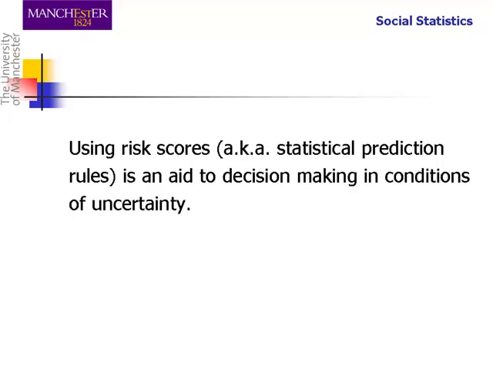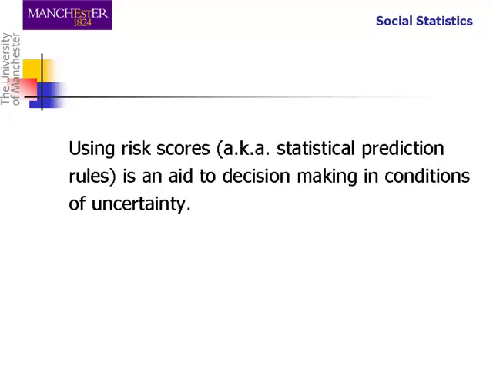And some people would actually think of them not so much as risk scores, but as statistical prediction rules. That is a phrase that you'll see in the literature. But I don't particularly like this idea of it being a rule. I think it's a help, a guide to making decisions, but it's not a rule for making decisions, because there are all kinds of other things that you would want to take into account in any particular situation.